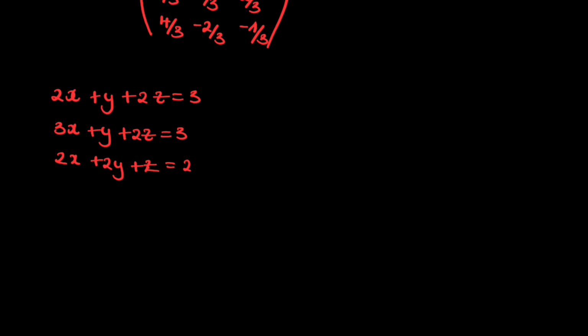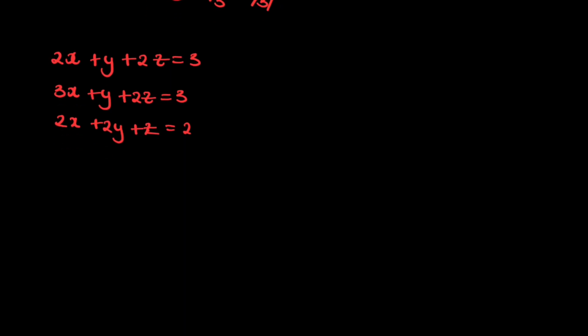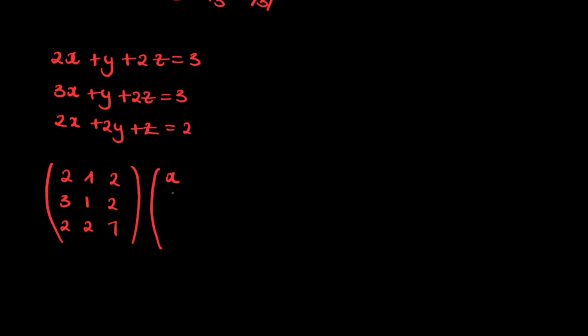Okay, so the first thing here, we are to solve a system of equations. So the first thing we do is write it in matrix form. So we are going to have 2, 1, 2, 3, 1, 2, 2, 2, 1, all that times x, y, z equal to 3, 3, 2. So that is what we have.